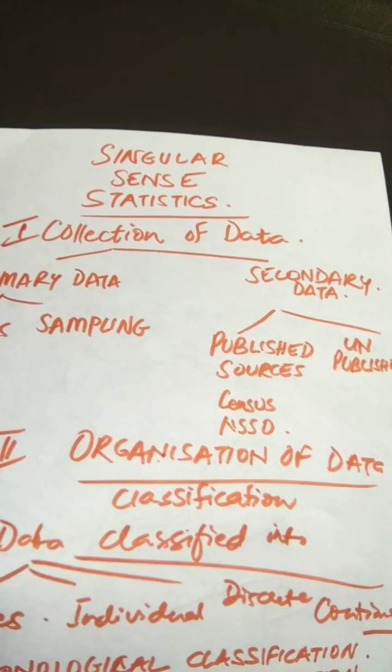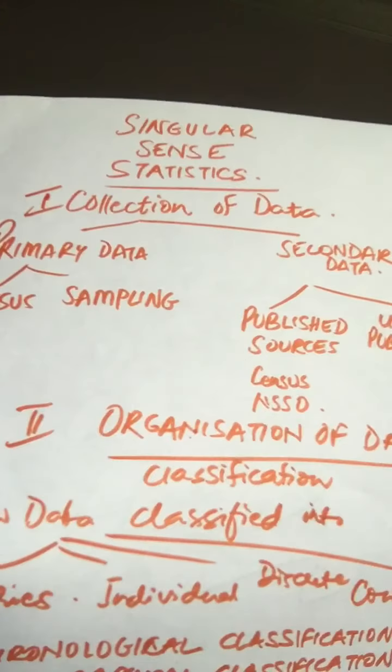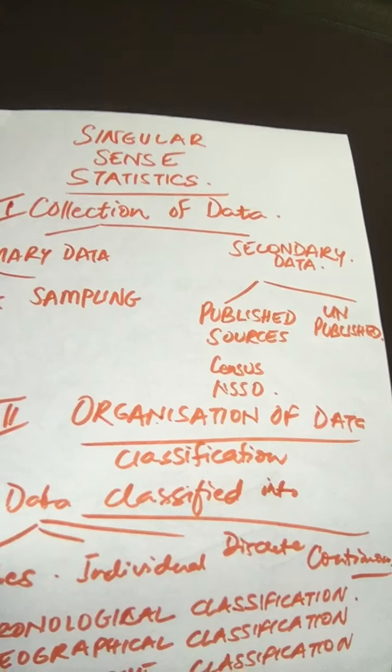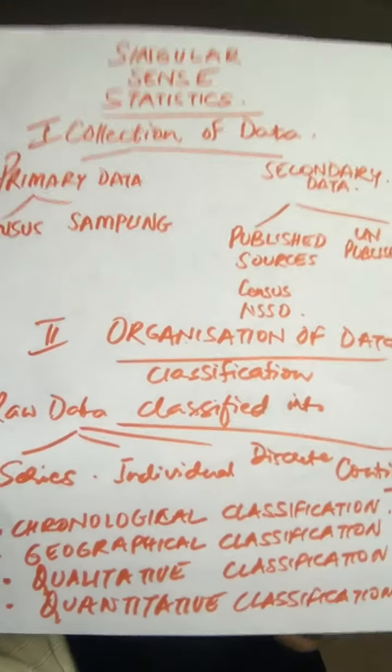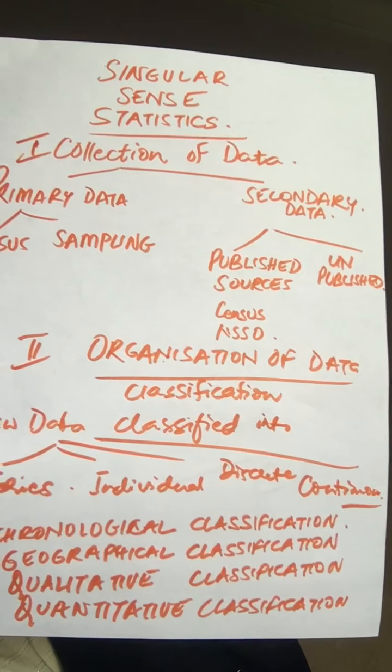And we also have the National Sample Survey Organization. Having talked about collection of data, we will be doing each one in great detail later on, but right now we are just defining it in the singular sense.